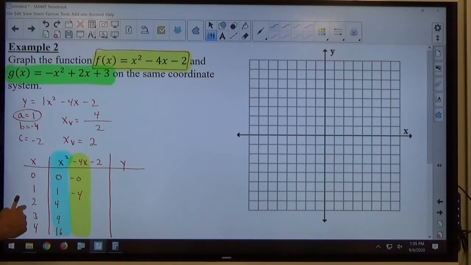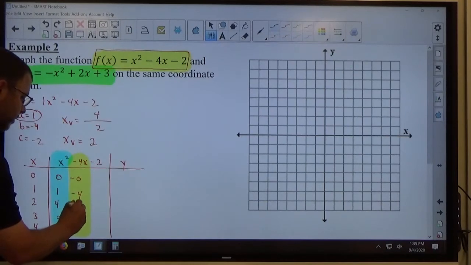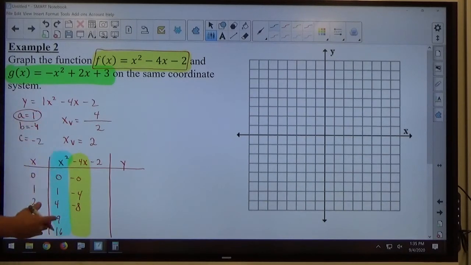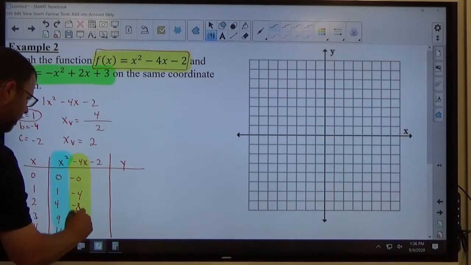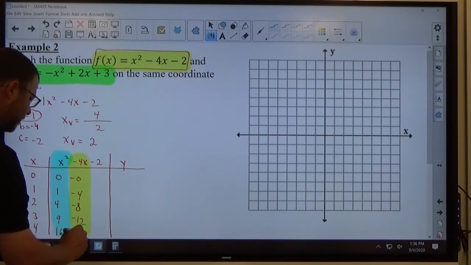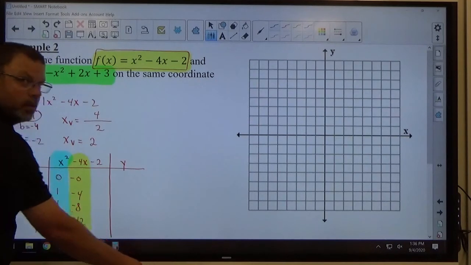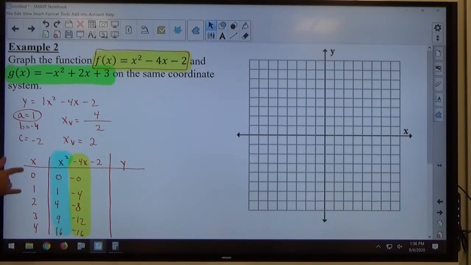Negative 4 times 2, negative 8, so I put negative 8. We see what's going on there. It's just a numerical pattern happening here. Each time, negative 4 times the next x. Negative 4 times 3 is negative 12. Negative 4 times 4 is negative 16. So again, the x's establish the values of this column, based on what negative 4x evaluates to based on these x's.